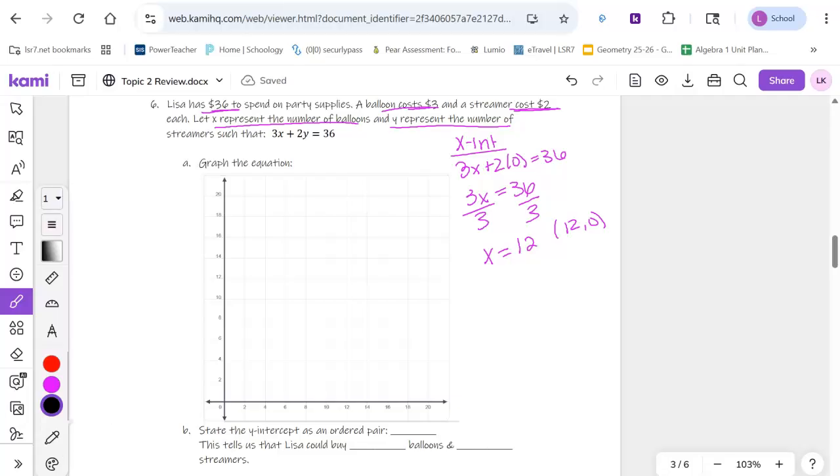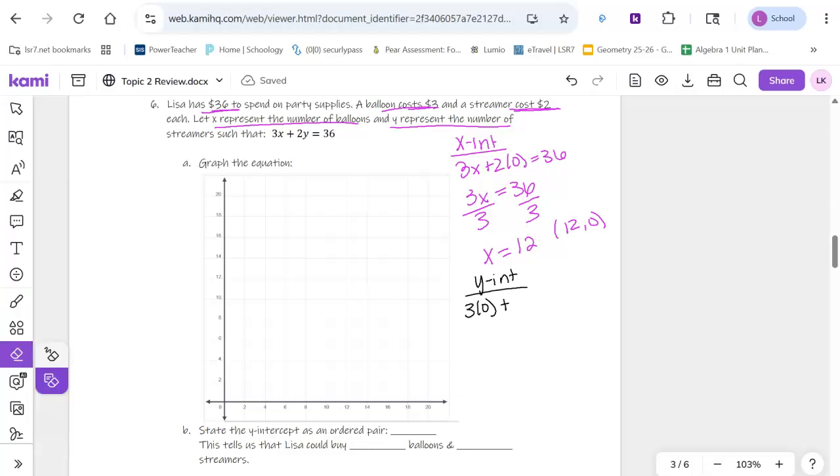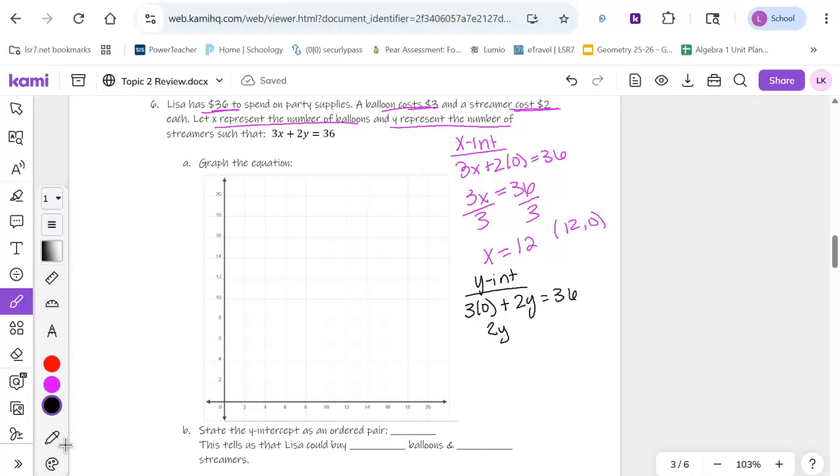And then for my y-intercept, I plug 0 in for x, so 3 times 0 plus 2y equals 36. So 2y equals 36, divide by 2, y equals 18. So it'd be (0, 18).